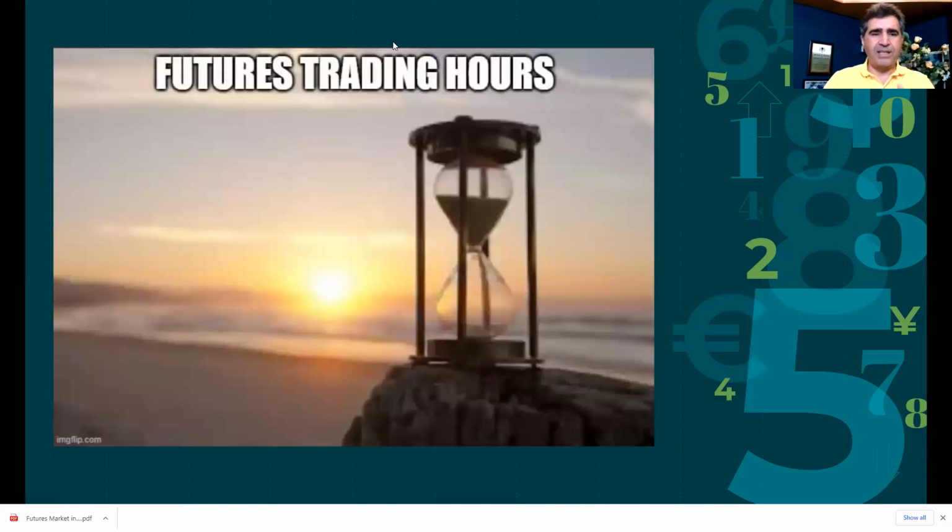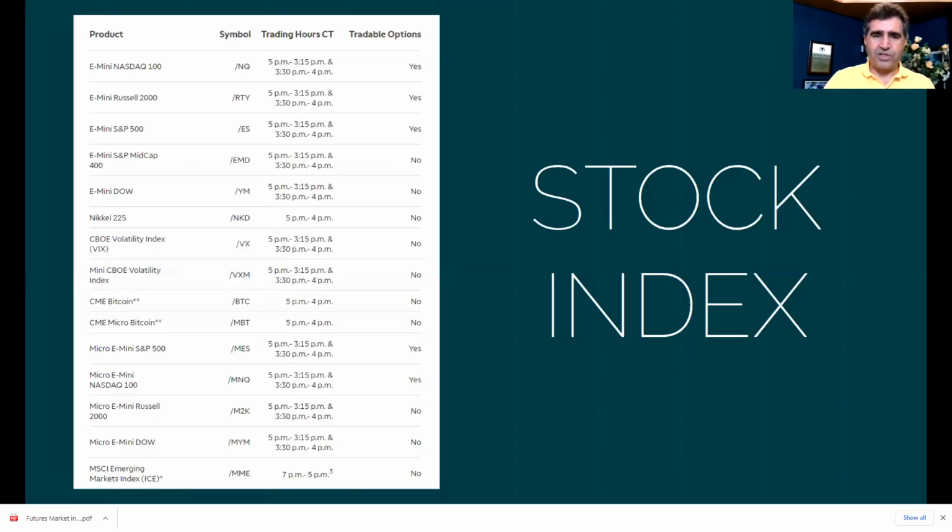We're almost toward the end, so I just want to review again. You have access to all of these. The futures trading, we've talked about it. I separated, for stock indexes, what are the hours? These are all central time, so make sure you understand, because it comes from the Chicago Mercantile Exchange.